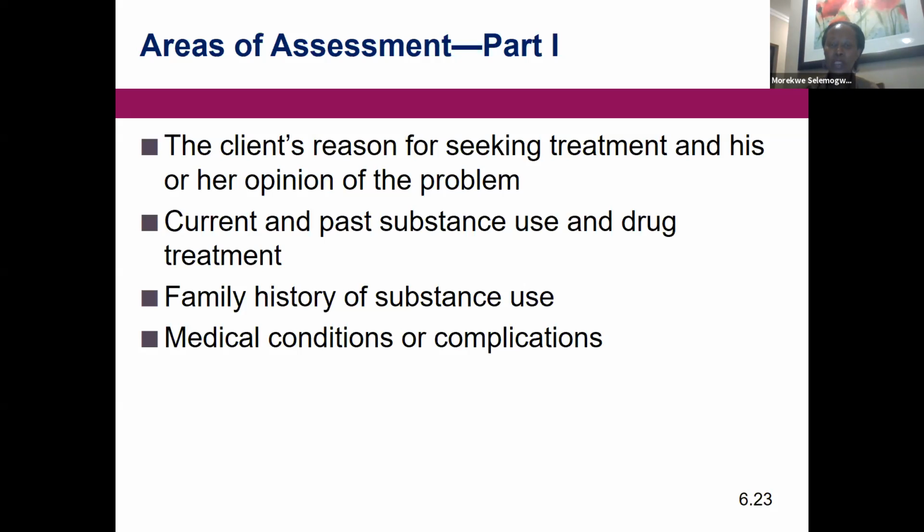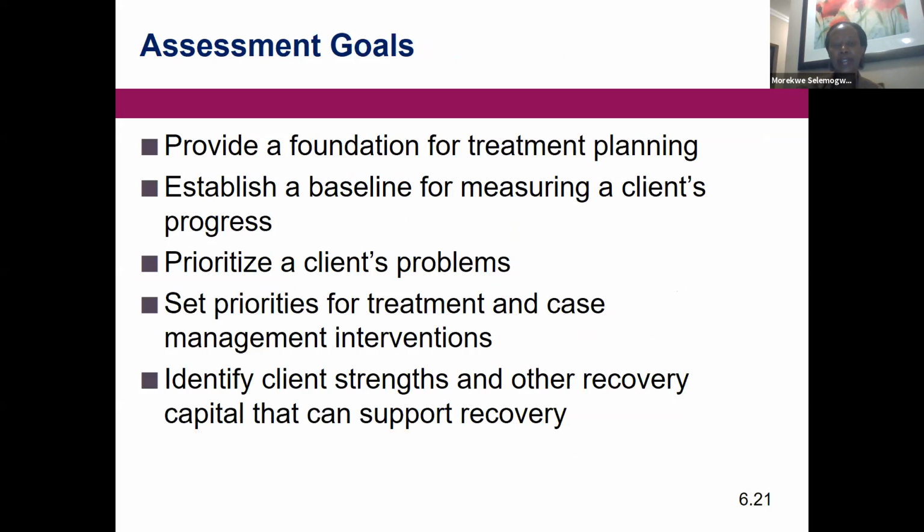So I'm hoping that we still remember what the definition of screening is before we delve into assessment. The definition of screening, as it was discussed yesterday, was that the purpose of it is to determine whether there's a presence of a problem and the level of intervention that is needed out of having those results.